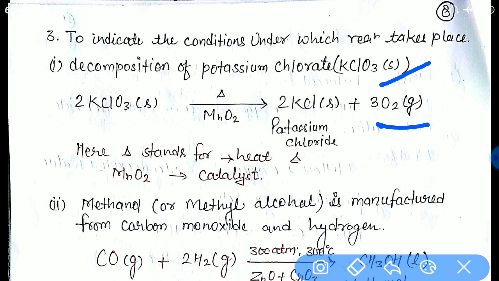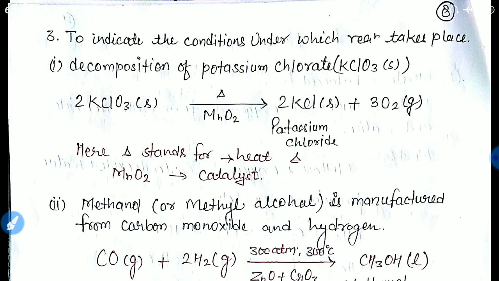Here potassium chloride is in the solid form, and oxygen in the gaseous form. Here this symbol represents the heat change, and MnO2 is the catalyst.